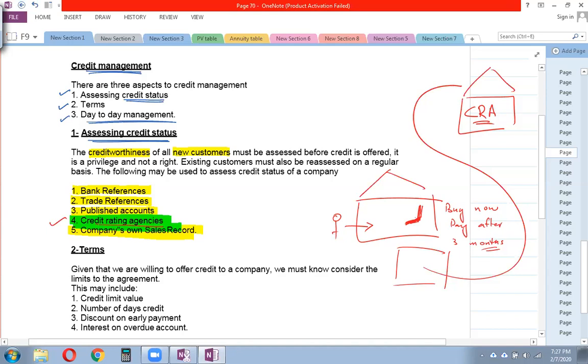They're going to tell you how good that customer is. They give you a rating for a particular customer. So for example, a good customer will get a good rating.